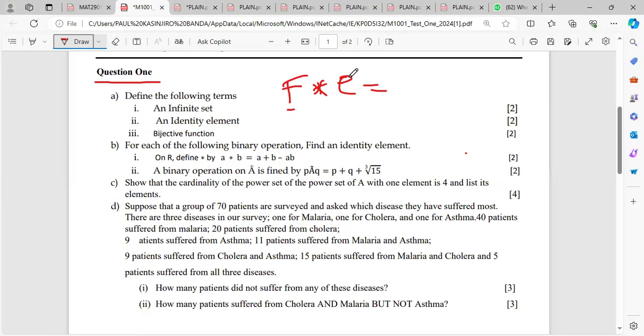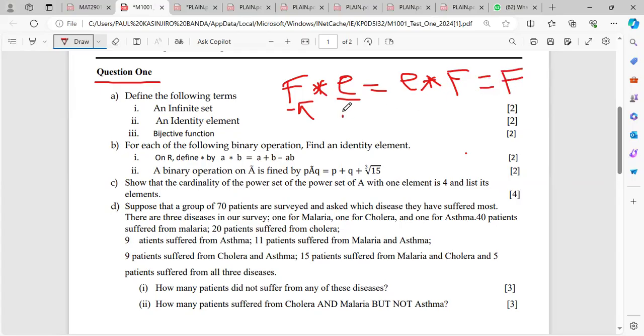So if you apply a certain operation on an element there, then you get that same element. The element that you are applying there becomes the identity element, okay? So this will be equals to the identity applying the same operation on F, and then this will be just be equals to F, okay?